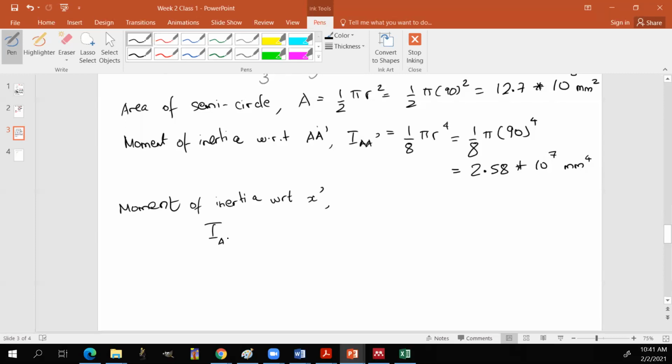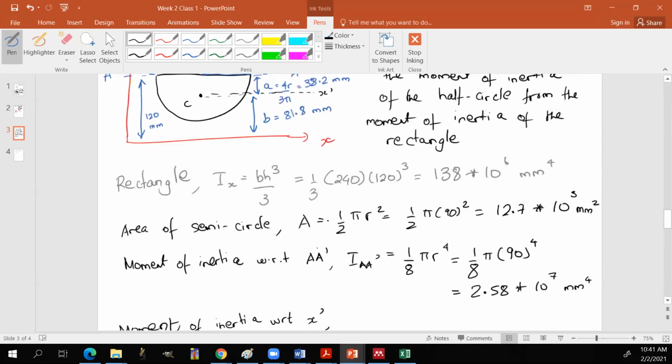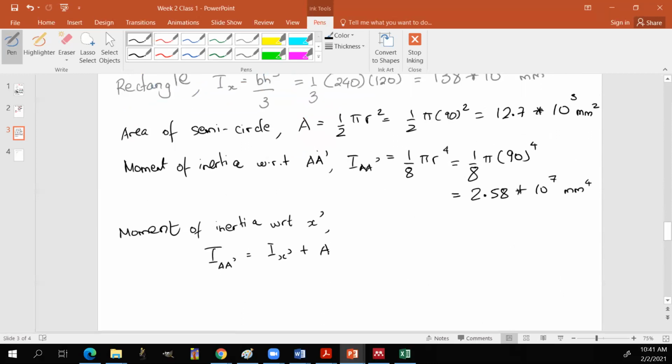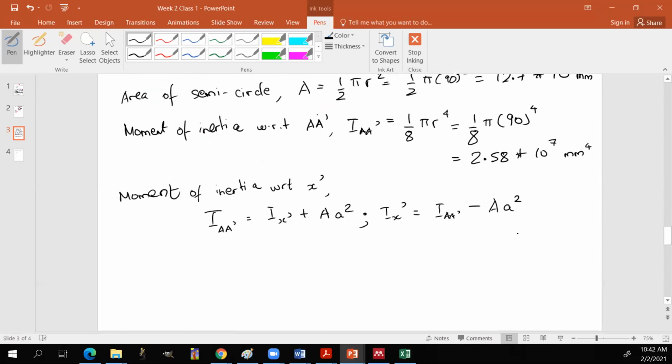Because IAA prime is going to equal IX prime plus A times this distance little a squared, right? So what that means is that IX prime is equal to IAA prime minus A times little a squared, right? So IX prime is equal to, what did we find?